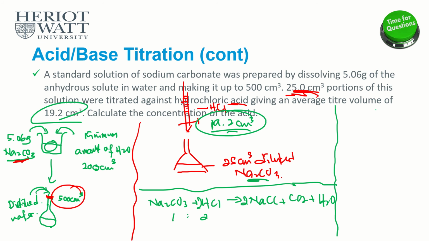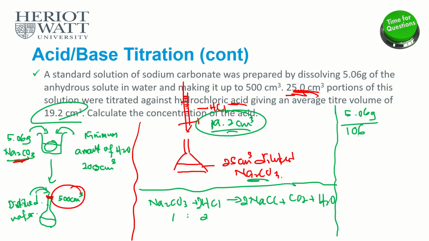Okay, we do the calculations first. I have 5.06 grams of sodium carbonate. I'm going to divide by the molar mass. 5.06 grams of sodium carbonate divided by the molar mass of sodium carbonate. Sodium is 23 times 2, Na2, carbon 12, plus O3, 48, gives 106.